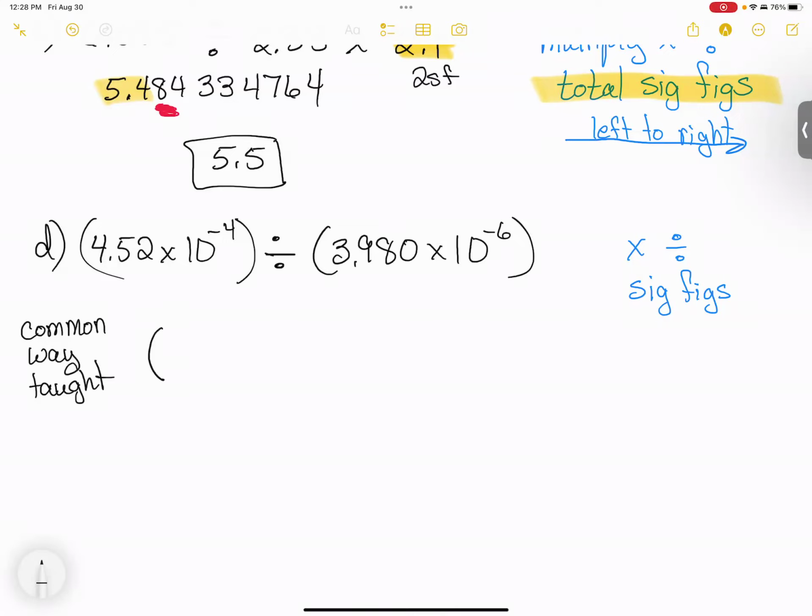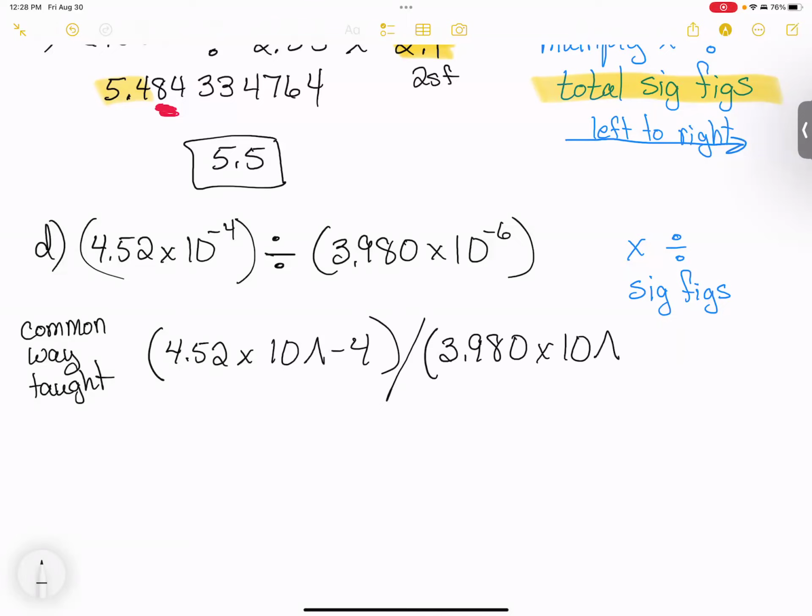is open parentheses 4.52 times 10 raised to the -4, divided by open parentheses 3.980 times 10 raised to the -6. It may be different for some places, but does that look familiar?